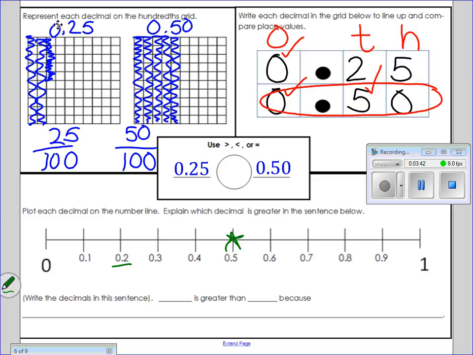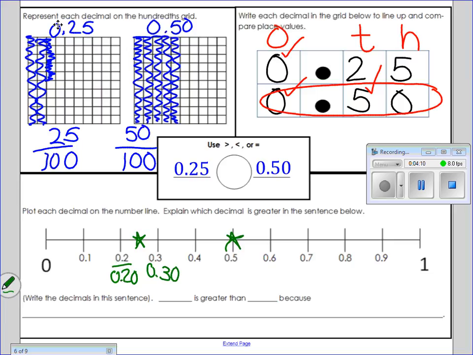Mary Caitlin, what can you tell me? Mary Caitlin said 25 hundredths is in the middle of 2 tenths and 3 tenths. She is right. So I would put a star in the middle of 2 tenths and 3 tenths. Because 2 tenths is just like saying 20 hundredths, they're equivalent, and 3 tenths is equivalent to 30 hundredths.